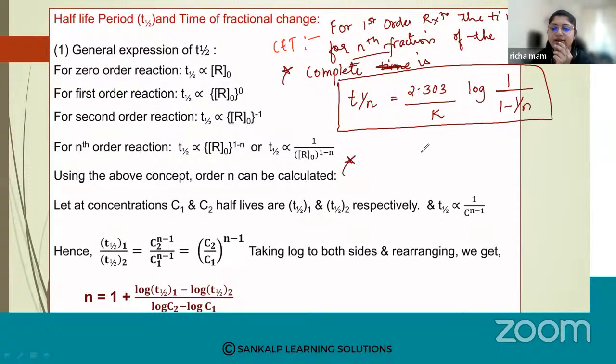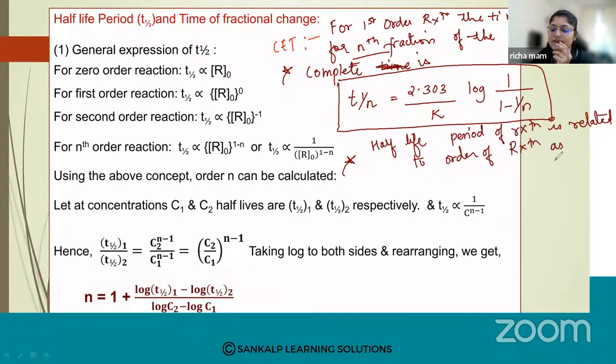Then the second note is about the half life period. The half life period of a reaction is related to the order of reaction. T half is inversely proportional to A raised to n minus 1.